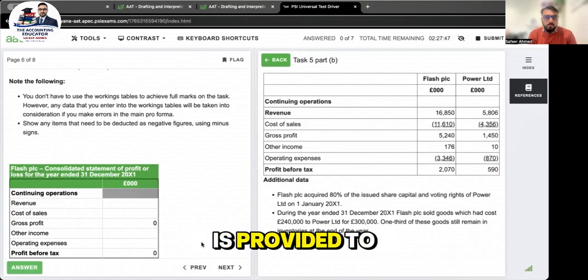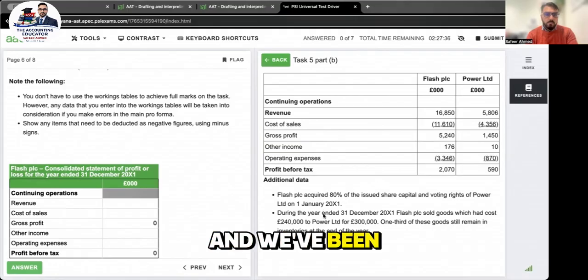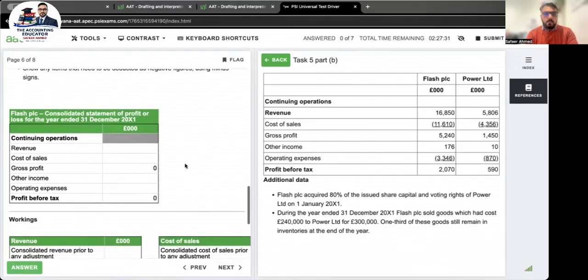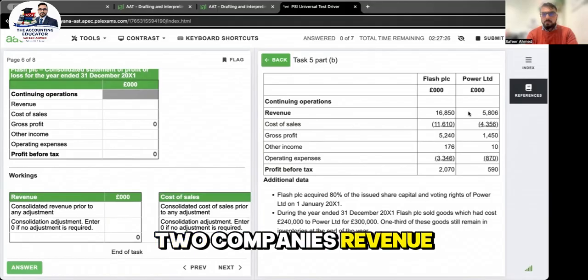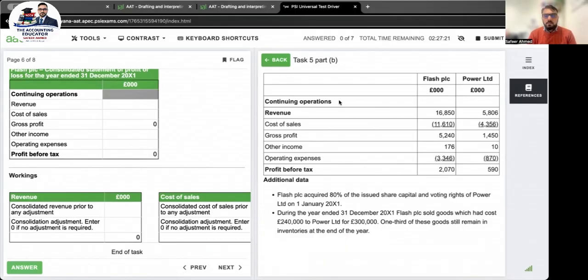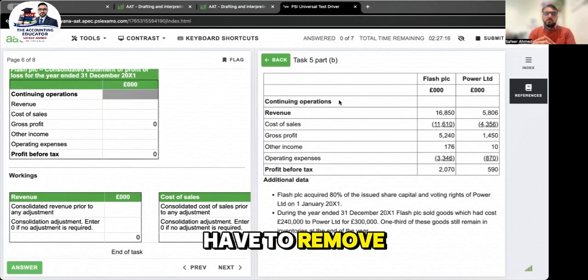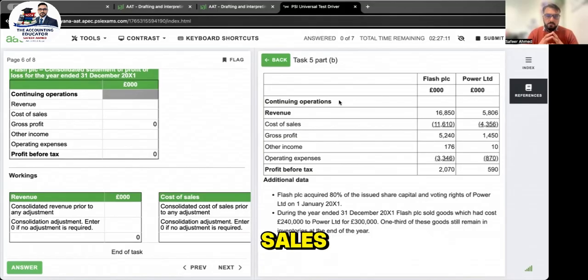So this situation is provided to us. As you can see, there is a parent company, which is Flash PLC, and a subsidiary company, which is Power Limited. And we've been given some additional information here. Now, when it comes to revenue, it will be two companies' revenue together. And then, of course, we might have to make an adjustment. If there is any intercompany sales, we must remove it from the consolidated revenue, from the consolidated sales.